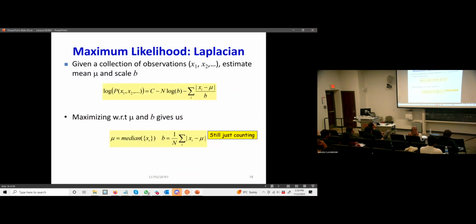The mode for the Laplacian has got to be the median, right? The scaling factor, how far it falls off, you can literally just take the average of how quickly the values fall off as they go away from the mode. So in these cases, the answers were very obvious, the maximum likelihood estimates. And you didn't have to think about it in terms of the maximum likelihood principle. They just sort of popped out, often seemingly out of intuition.